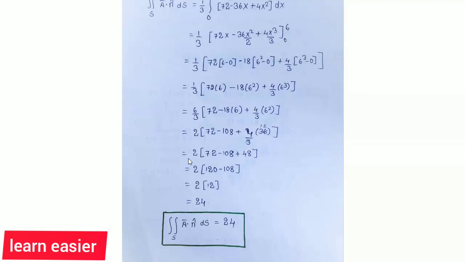And finally, the surface integral of a bar dot n cap ds you have to find by taking the limits of x and y, where the x limits are independent limits and the y limits are dependent limits. So these are the 5 steps you have to follow to solve surface integral problems in an easier way.